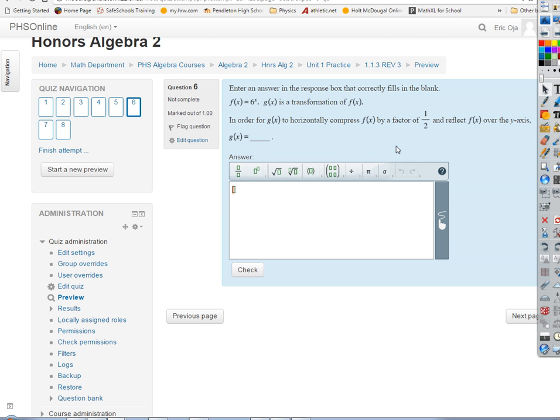Function 6 to the x, we're going to horizontally compress by a factor of 1/2 and reflect over the y-axis, but there's no translation going on, so there are no h's and k's. Let me show you that in terms of the template real quick.